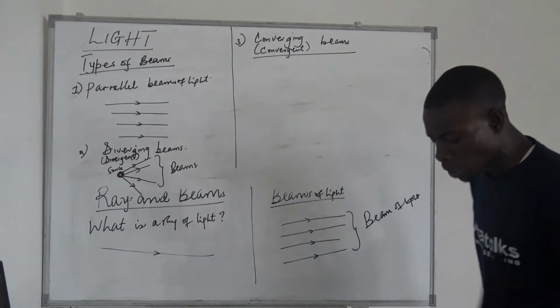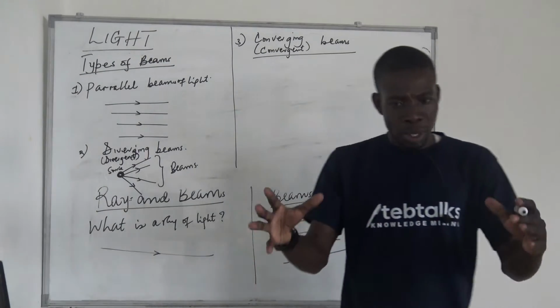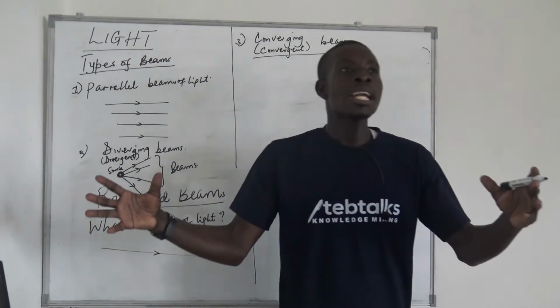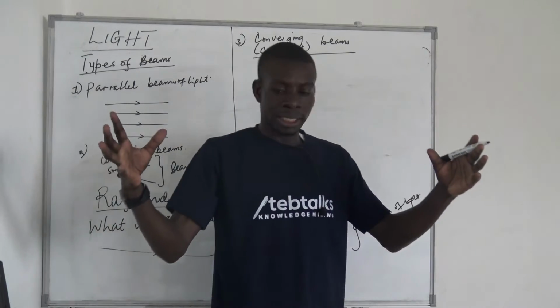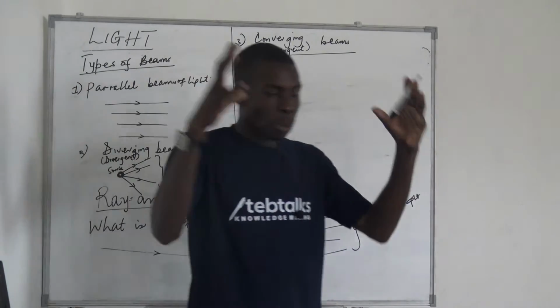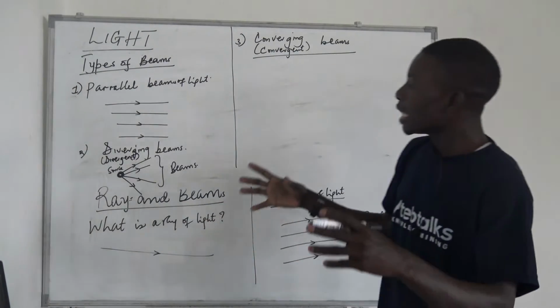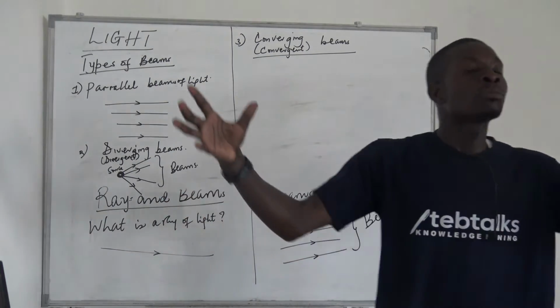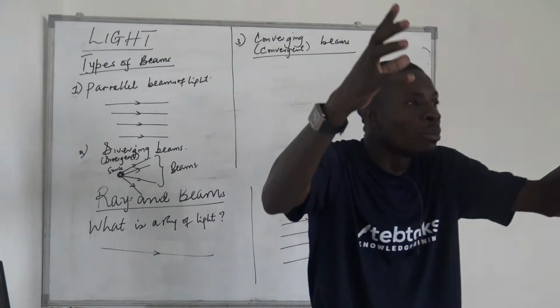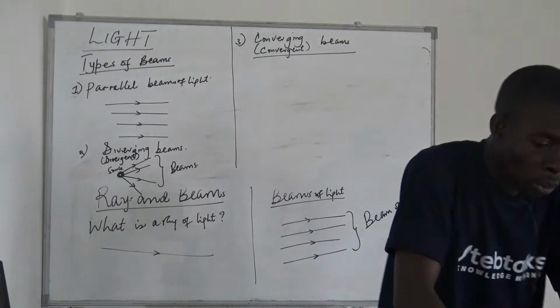What are convergent beams of light? Convergent beams of light are the ones that come to a common point. They are sources of light that move from somewhere and then they all meet at a common point.